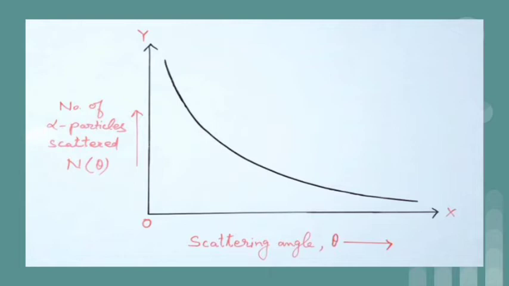It is clear from the graph that most of the alpha particles pass straight through the gold foil, which means they suffer very small angle of scattering. We also see that very few alpha particles scatter through large angles, that is, more than 90 degrees, and very rarely an alpha particle rebounds, that is, is scattered through an angle of 180 degrees.